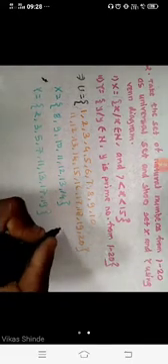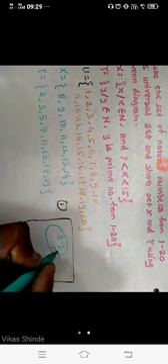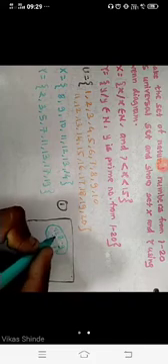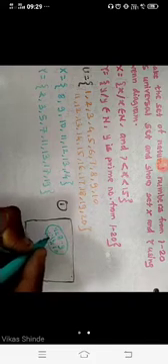For the first one, we have to indicate set X. For that, we use a closed diagram, and in that closed diagram we show the elements of X. Suppose I write 8, 9, 10, 11, 12, 13 and 14.